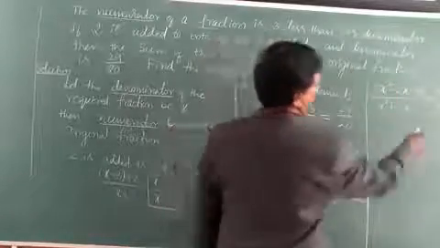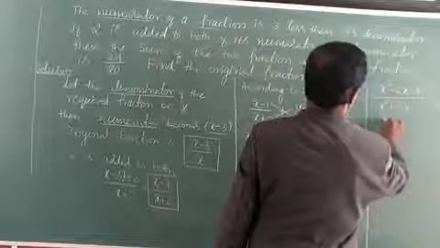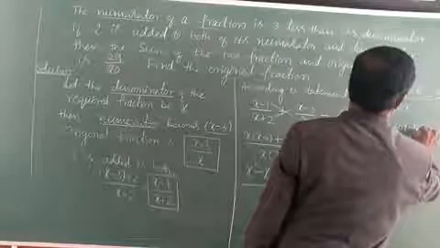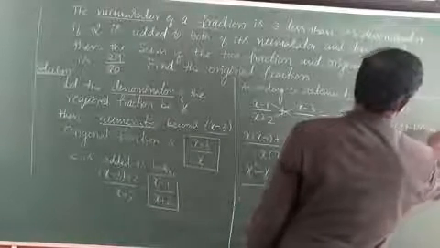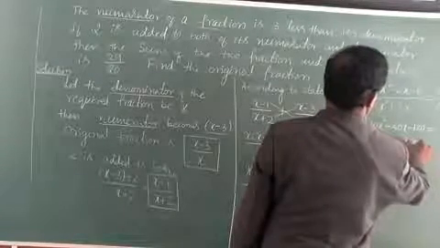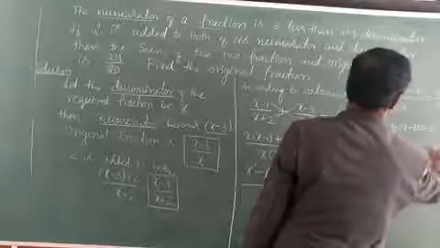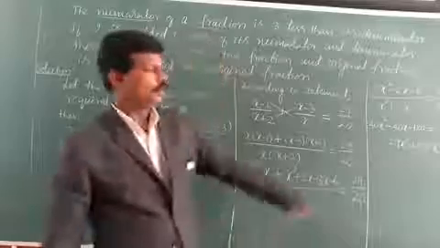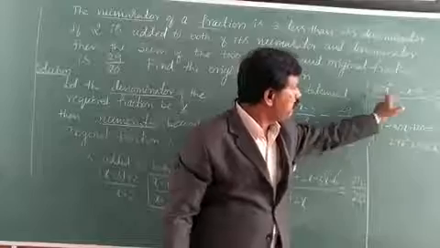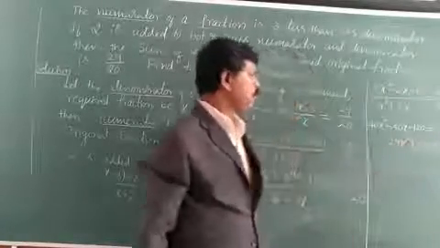Now cross multiply. 20 into 2 is 40x square minus 40x minus 120 equals 29 into x square, 29x square plus 58x. Cross multiplication, 20 into these three, 29 into these two.